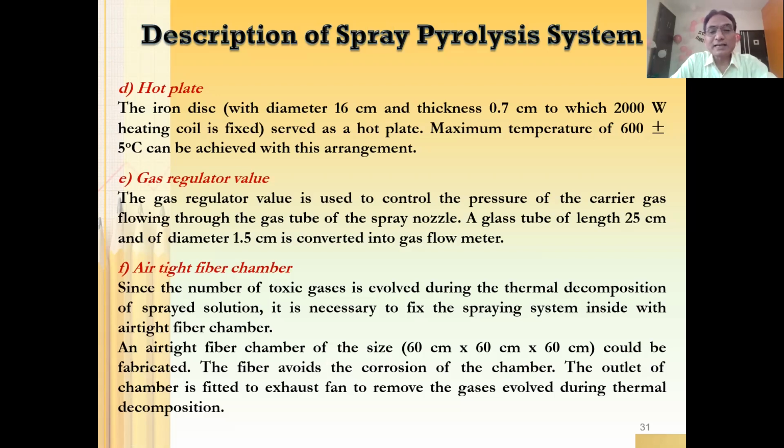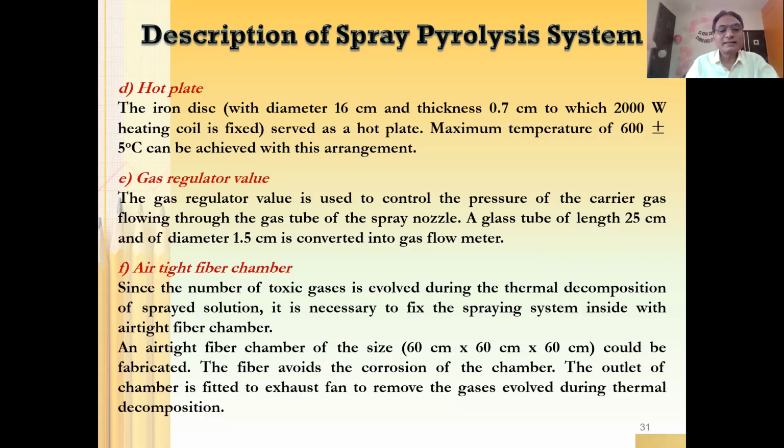What does it mean? The gas regulator is going to play an important role whenever that mechanical assembly is going to suck solution from the container to the nozzle spray.